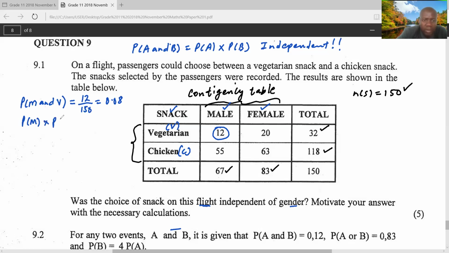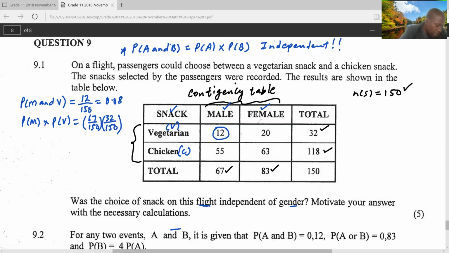Let's now compare with the probability of male alone multiplied by the probability of vegetarian. Remember, we want to prove this. What is the probability of male alone? We have 67 males over 150, multiplied by vegetarian, which is 32 out of 150. I believe you are following.